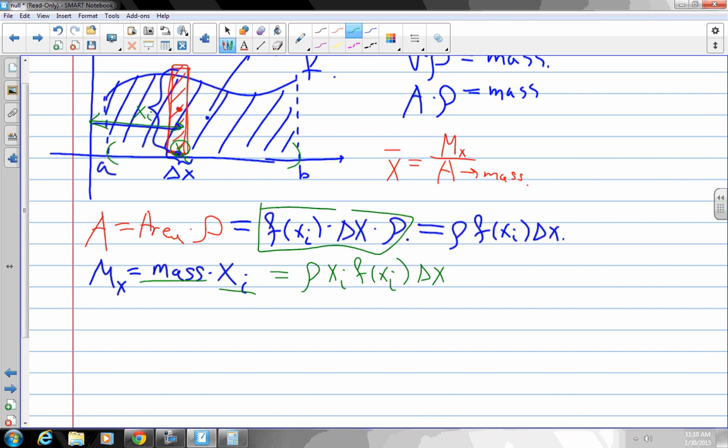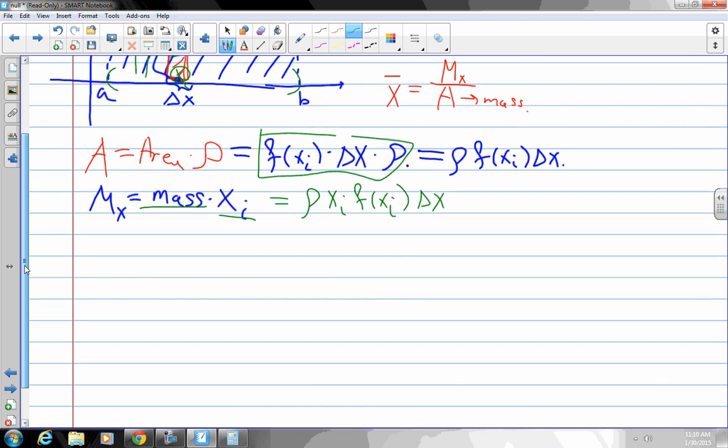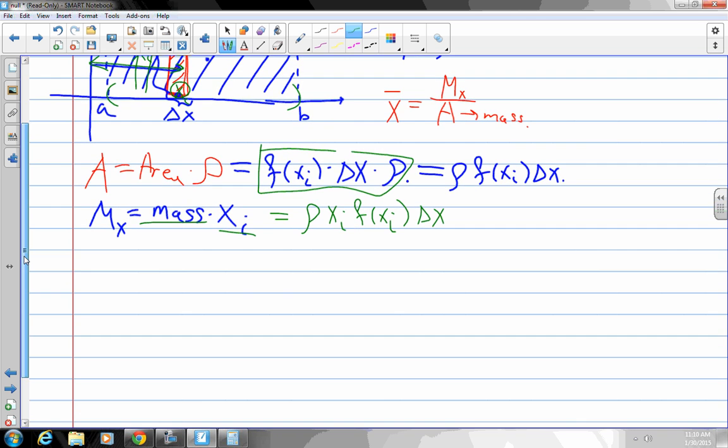In order for us to do all of them, the total mass, we'll just have to add them all together as i goes from 1 to n. And you add the total moment, adding all of this together as i goes from 1 to n. Then the x bar is the moment divided by mass.